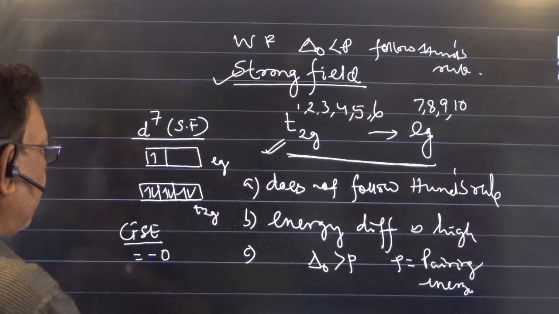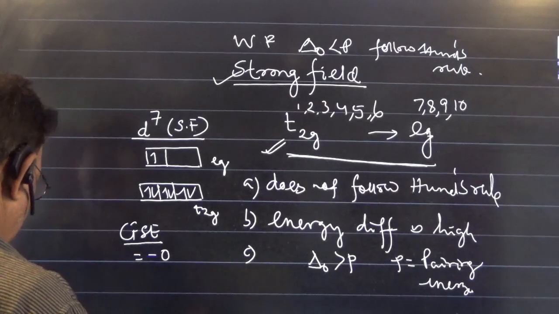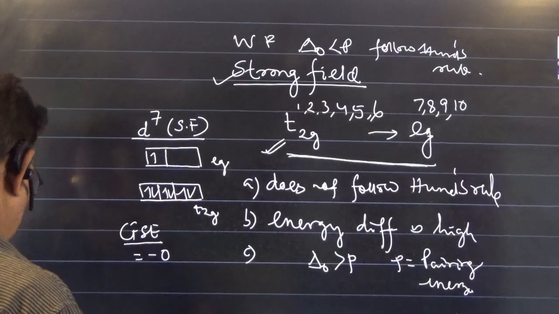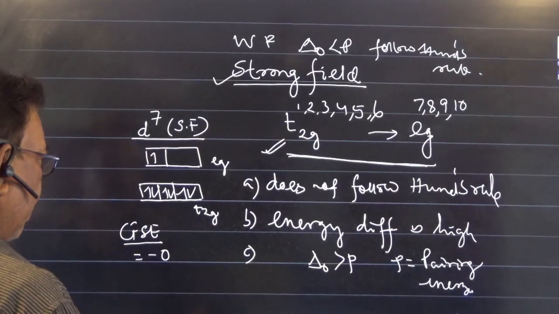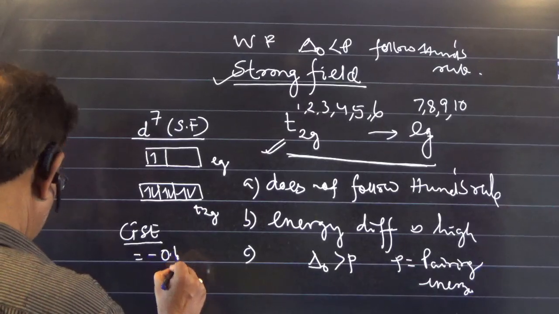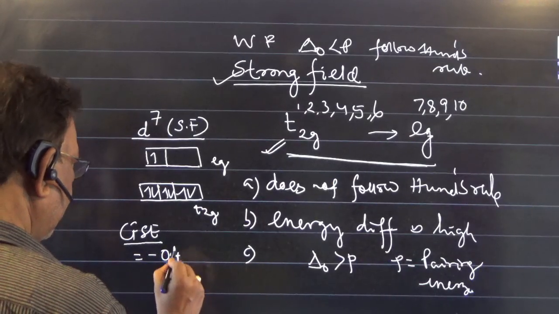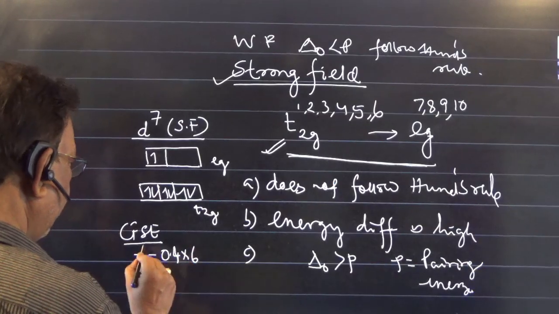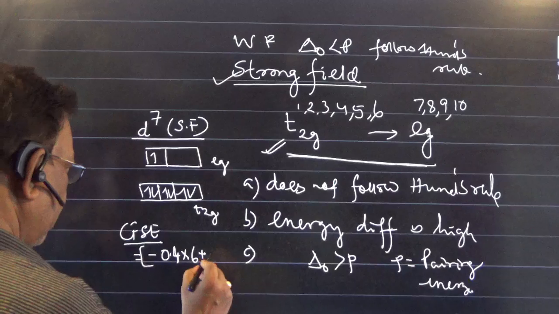Minus. Minus 0.4 into 6, yes, minus 0.4 into 6, plus 0.6 into 1.